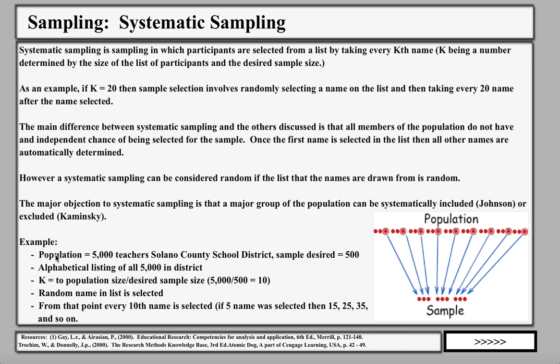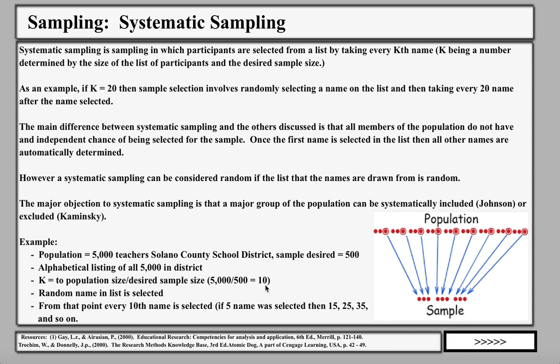And as an example, let's say the population is 5,000 teachers in Solano County School District. The sample we want is 500. This is the same example. So we have an alphabetical listing of all of the 5,000 teachers in the district. So we're going to say k is equal to the population size divided by the desired sample size, 5,000 divided by 500, which is the sample size.